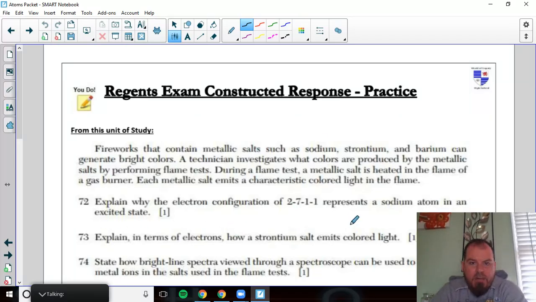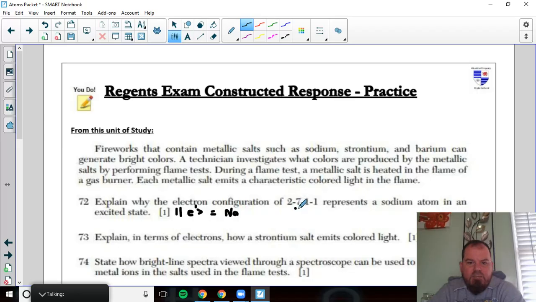So it's a sodium atom because there is 9, 10, 11. 11 electrons equals sodium. Right?